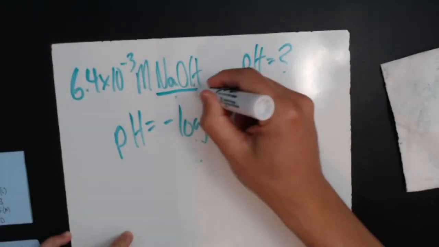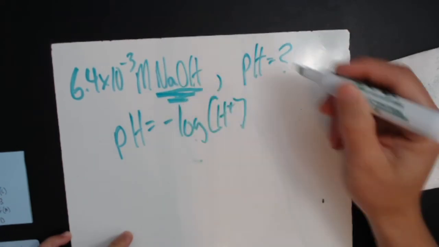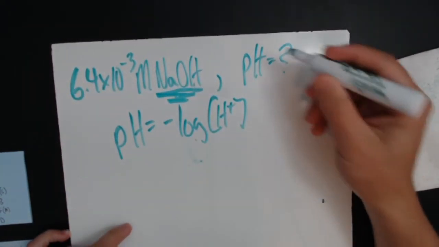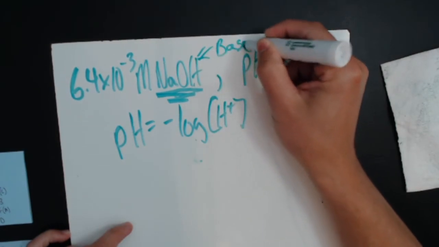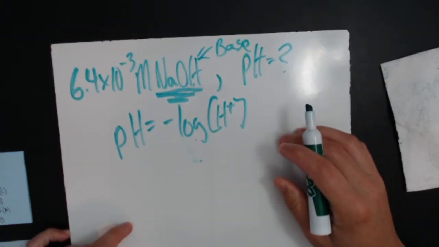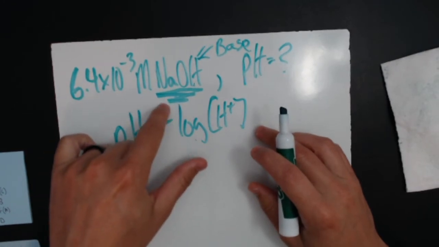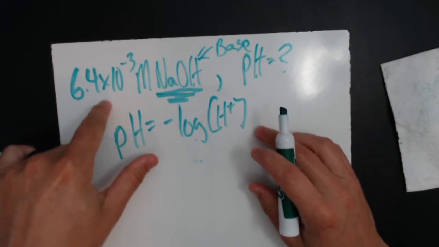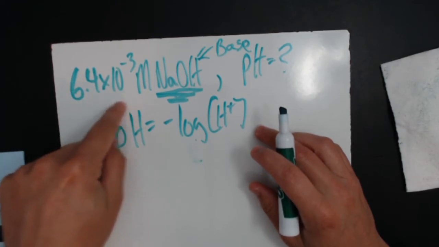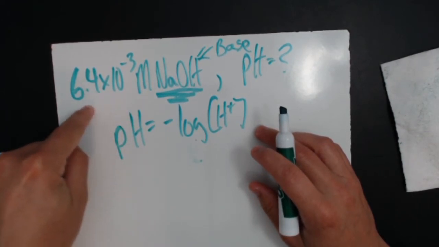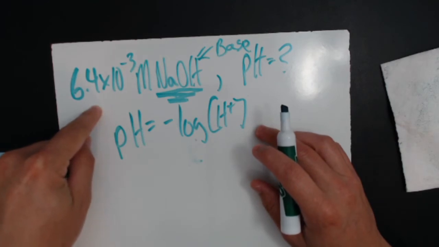This right here is not an acid. This is a base. So if I take the negative log of this number right here, I'm not solving for pH. It's giving me pOH.